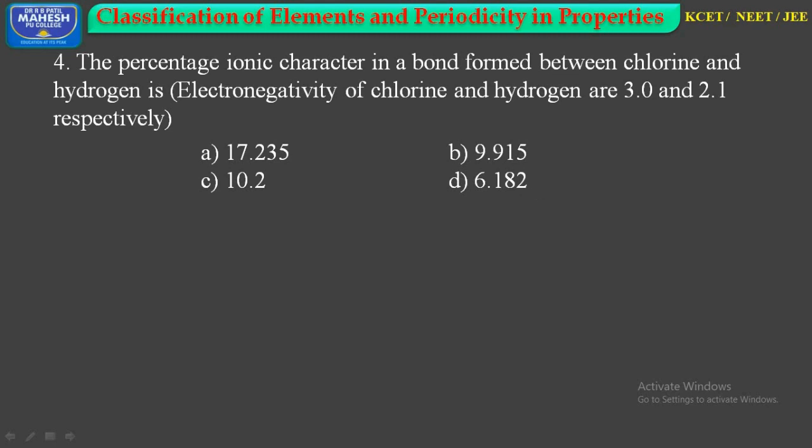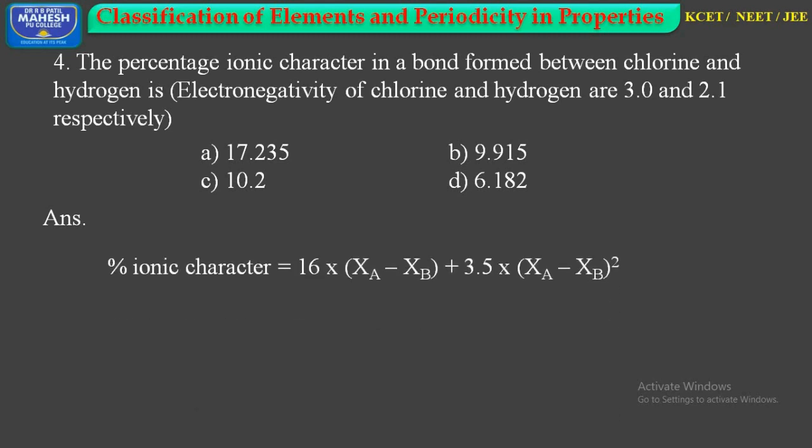Students, we know that percentage ionic character is equal to 16 times the difference of electronegativity value between the first element and the second element. So let us consider the first element to be chlorine and the second element to be hydrogen. So 16(XA minus XB) plus 3.5 times the difference of electronegativity, squared.